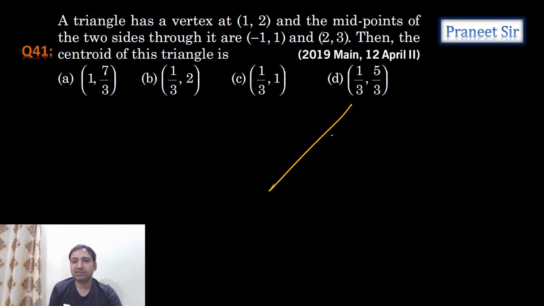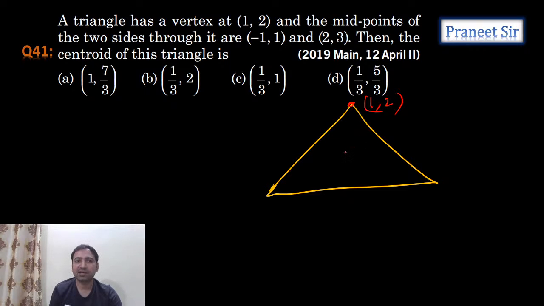Okay, what he gave is, there is a triangle. One vertex is (1, 2), and the midpoints of the two sides through it: the midpoint of this side is given as (-1, 1), and the midpoint of this side is given as (2, 3). Then the centroid of this triangle.